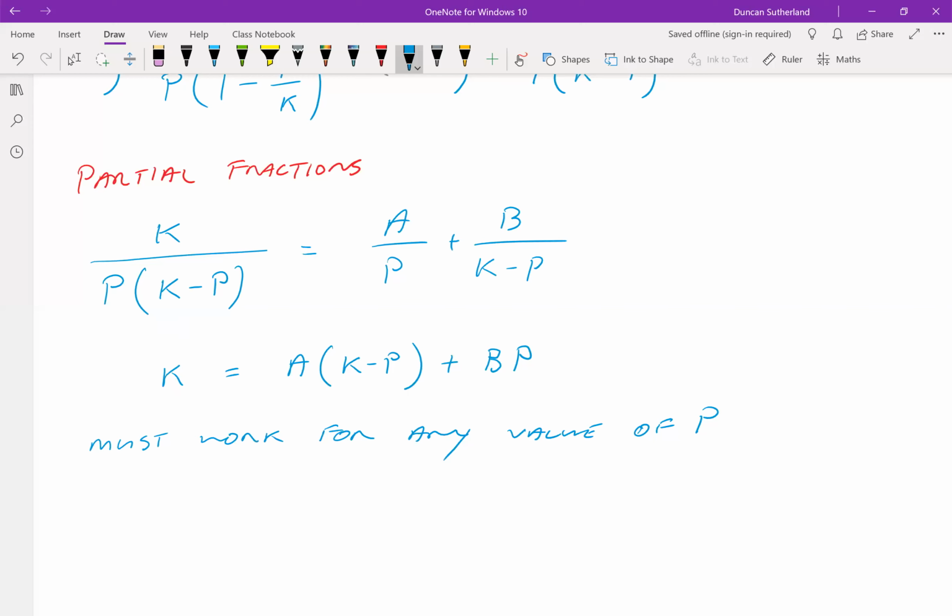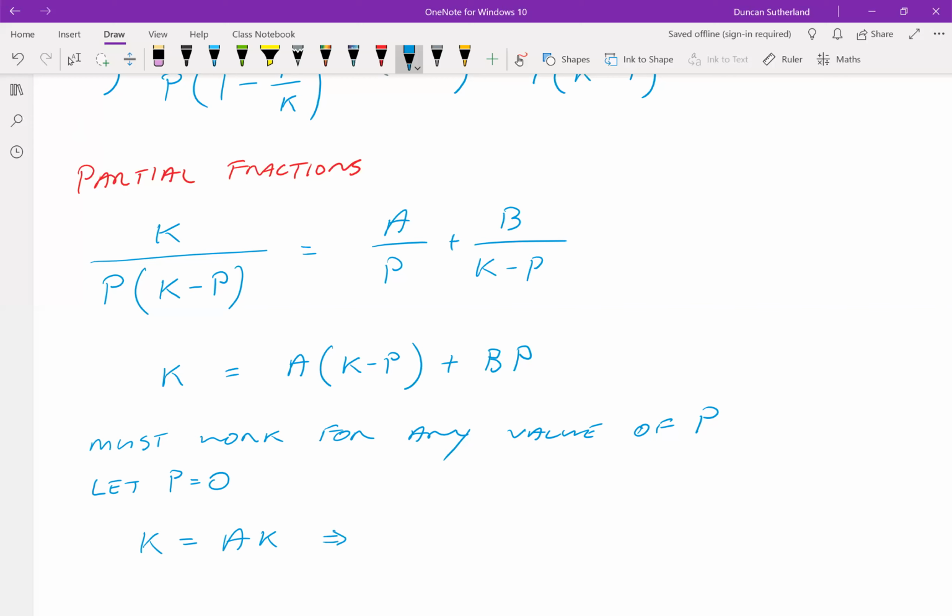We know that we can use cleverly chosen values of p to determine our constants. So let p equal 0: K equals A times K, the minus p disappears and the Bp disappears.